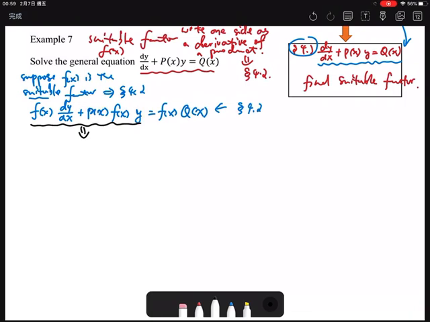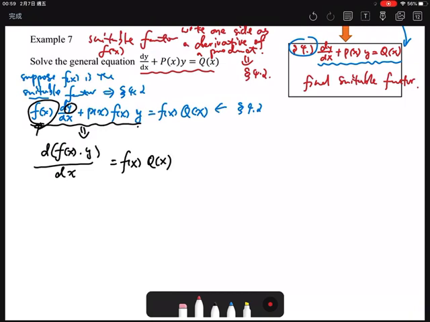So let's look at the two functions. One of them is y and another one should be f. So here is dy and we keep f. Later we take df and keep y, you see? So we can write it as d of f of x times y by dx equals f of x and q of x.